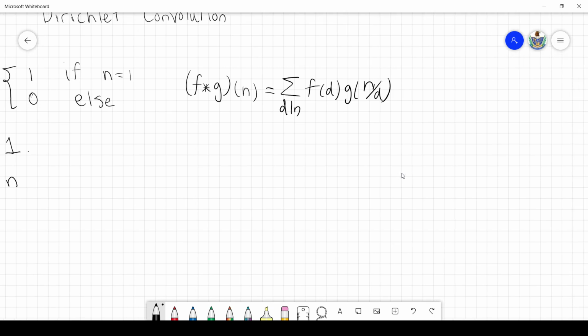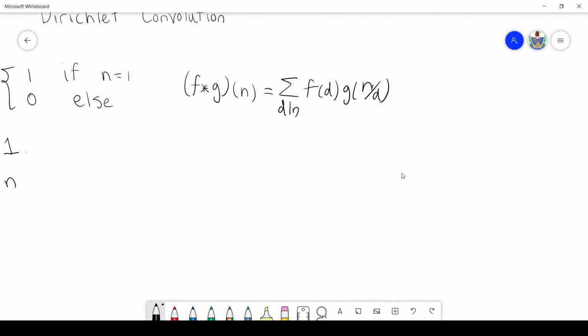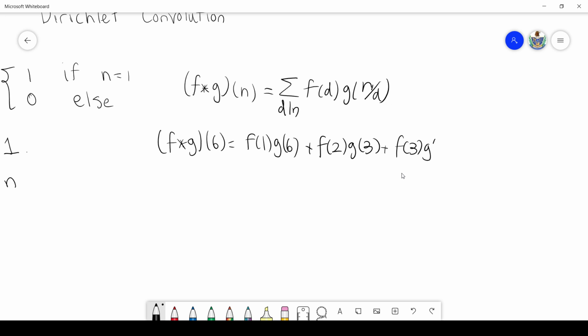So let's take an example. Really, this sum just depends on what n is, right? The divisor structure. So first, let's just take an example n value. Let's say 6. So this is going to be f of 1 times g of 6, plus f of 2, g of 3, plus f of 3, g of 2, plus f of 6, g of 1.